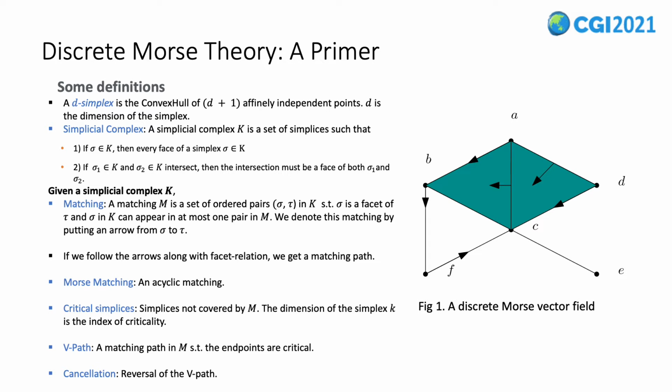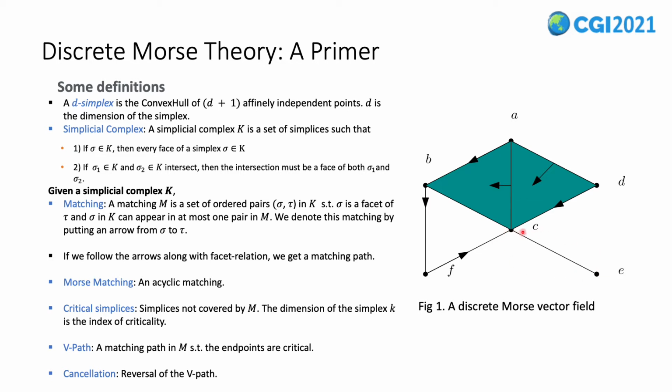There's another notion of critical simplices. The simplices that are not covered by M are critical simplices, and the dimension of the simplex is the index of criticality. So in this figure, this edge CE doesn't belong to any matching, so this edge CE is a critical simplex.